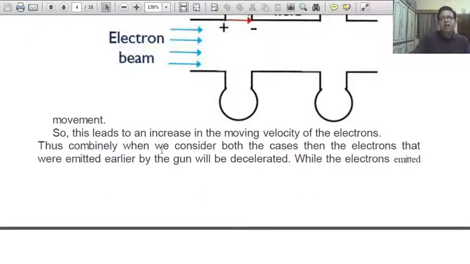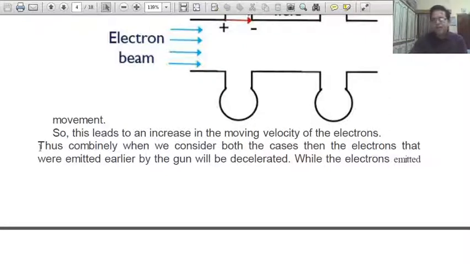So the velocity of the electrons is increased. That is a different thing. This part is combined. What is the combined effect?